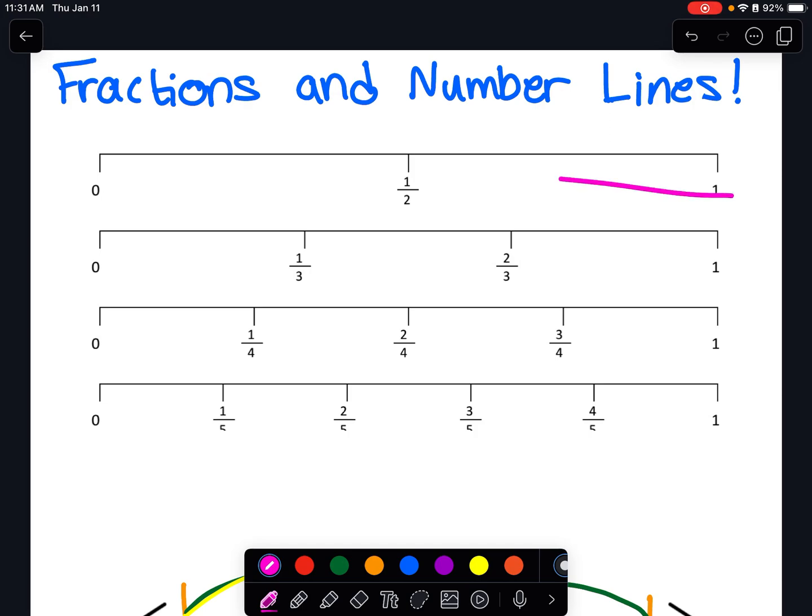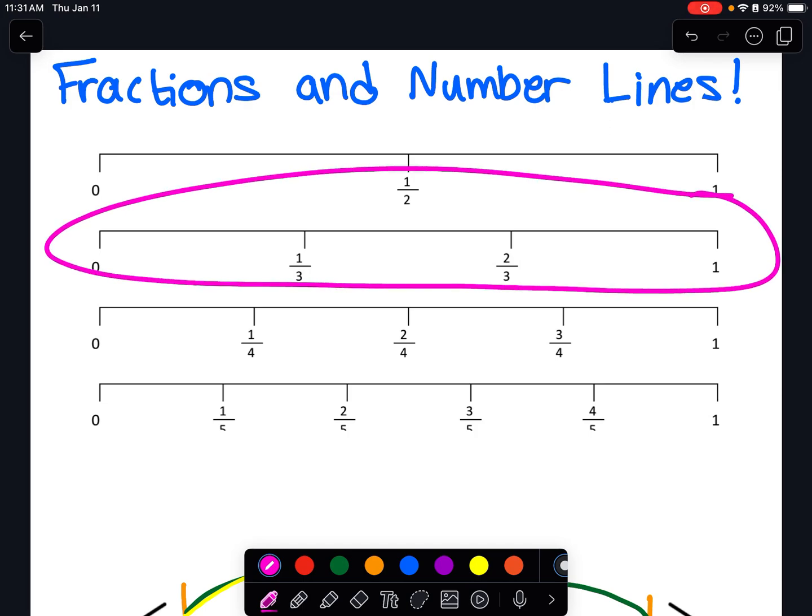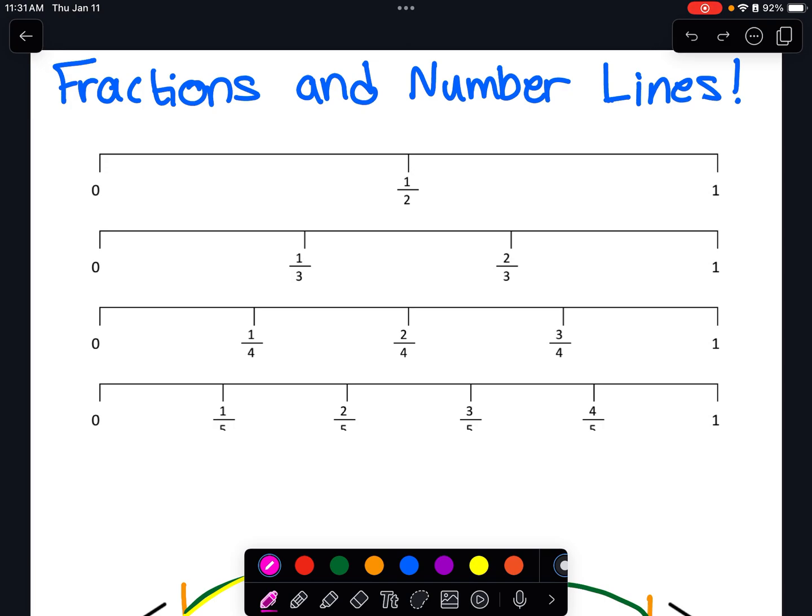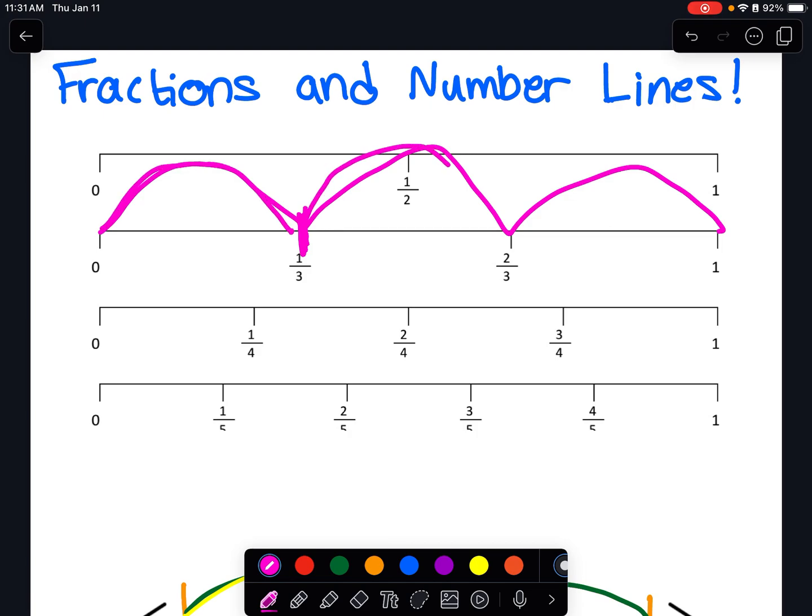Well, I'm looking at this number line right there, and we can see that there are 3 equal segments. Oops, my rainbows turned into a line. And here's 1/3. There's 2/3. And there's the 2/3 mark of the number line.